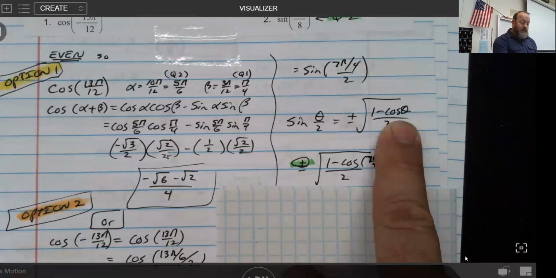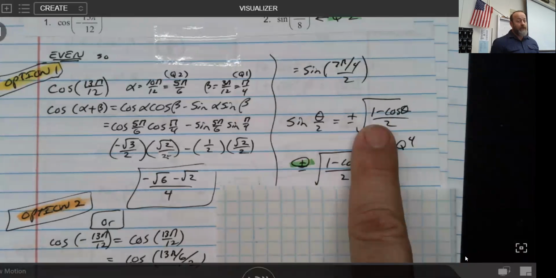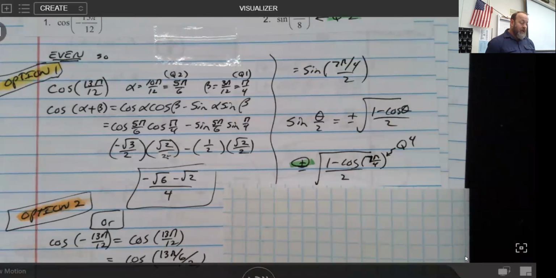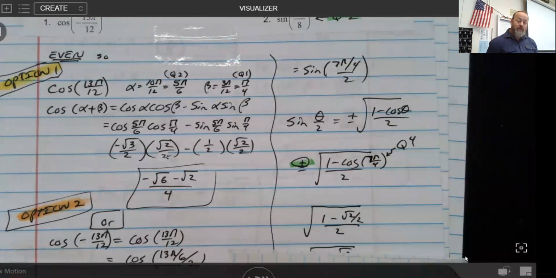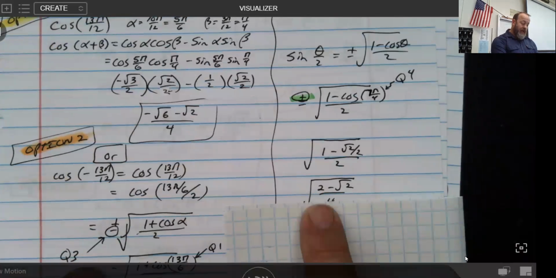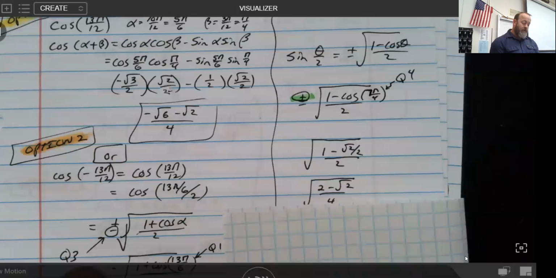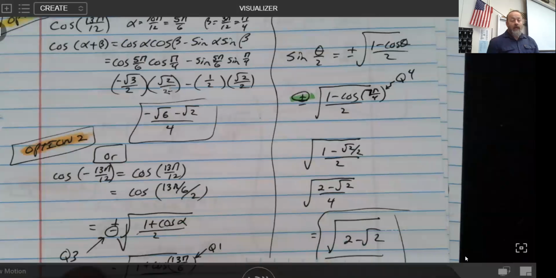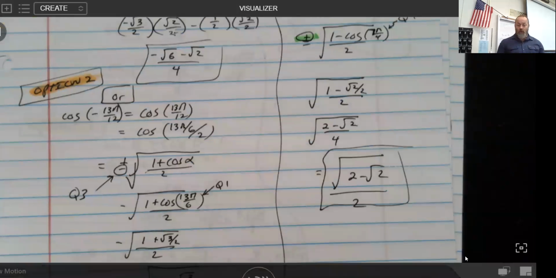If you look up your identity, the half angle for the sine and the cosine both refer to a cosine, which is kind of interesting. So I'm just going to plug in the root 2 over 2, and just like the last problem, if we multiply the top and bottom by 2, notice 2 times 1 is 2, the 2's cancel, and I get all of that over 4, but the square root of 4 is 2. This problem really only has one viable solution.